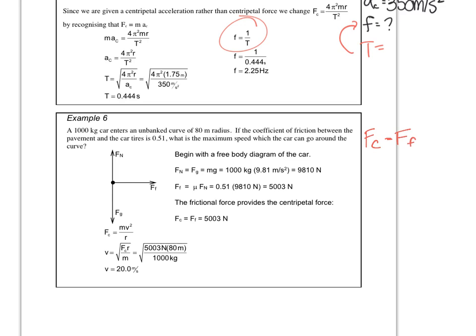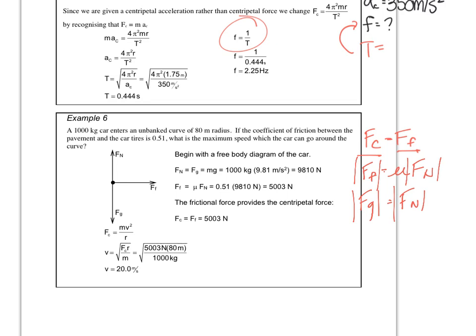So if I can find Fc, I can find the force of friction. So we know that the force of friction is mu times Fn. Now, I can find Fg, which in this case is also equal to Fn. Again, with absolute value because their directions are opposite in our free body diagram.